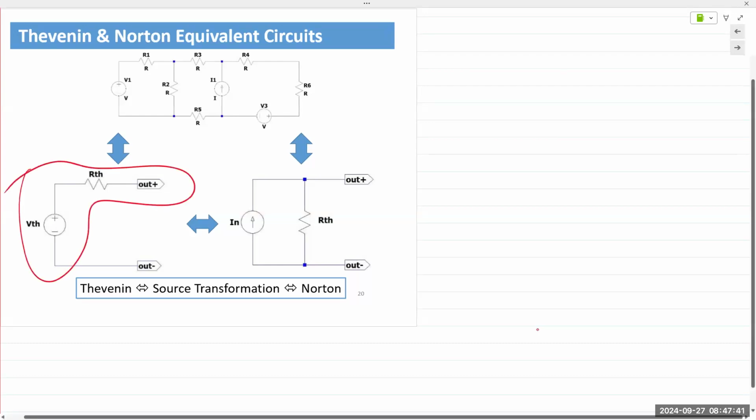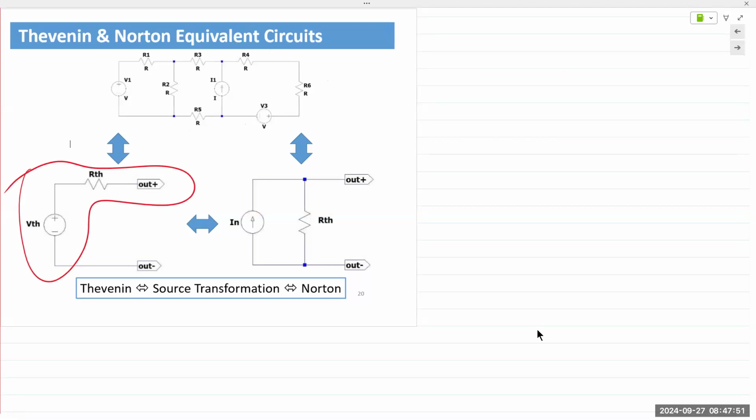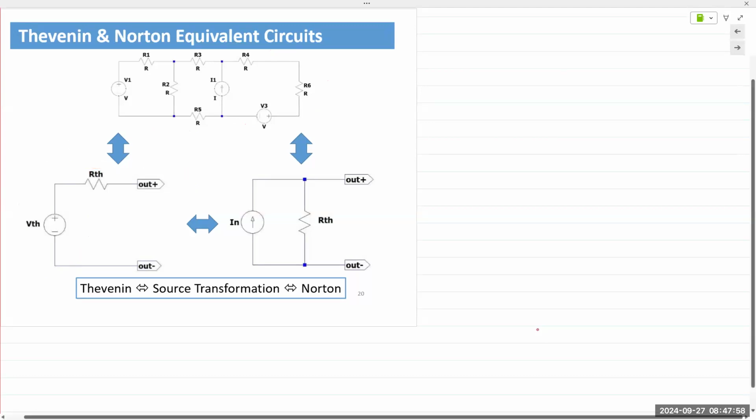This circuit right there. So you could have a large circuit comprising of multiple resistors, multiple voltage sources, current sources, and you can simplify it and represent it as one single voltage source and one single resistance between the output terminals. In this case, the output terminals are right here.